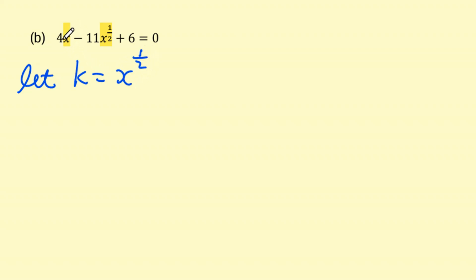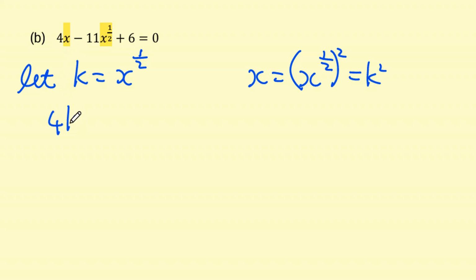Now, to look at the x here, if k is equal to x to the half, then x is x to the half all squared. In other words, x then will be k squared. And we can plug in our k's, so we get 4k squared minus 11k plus 6 equals 0.